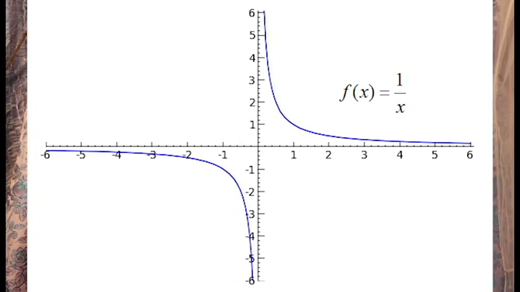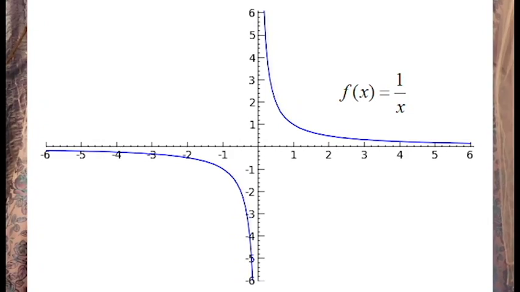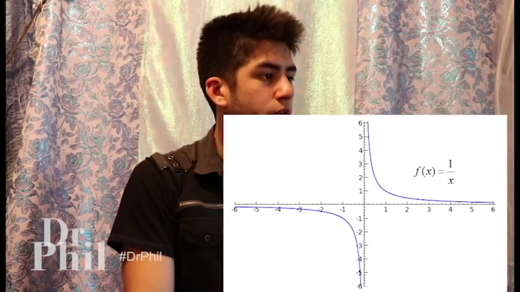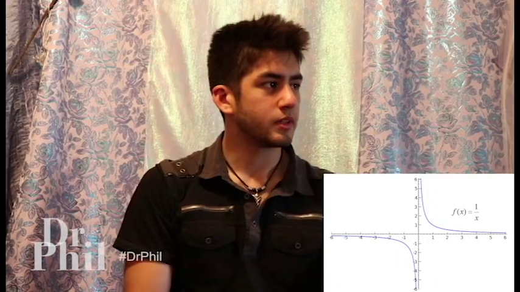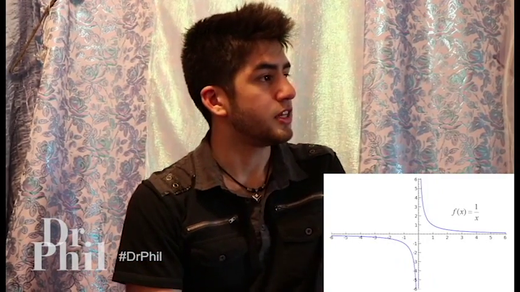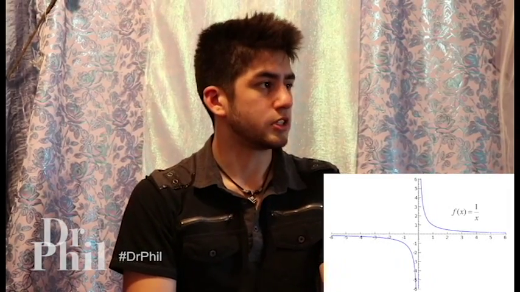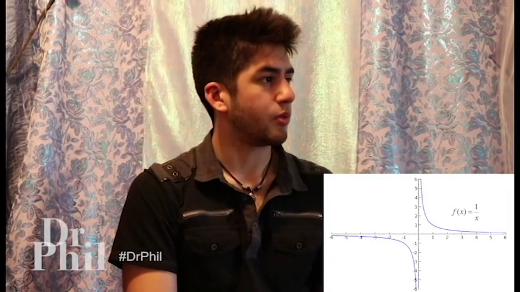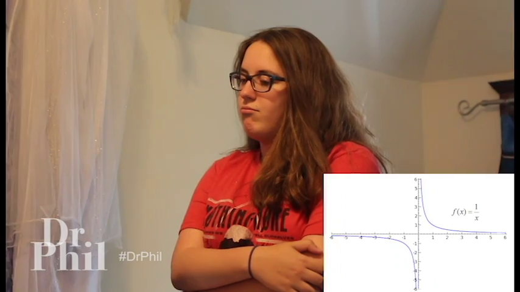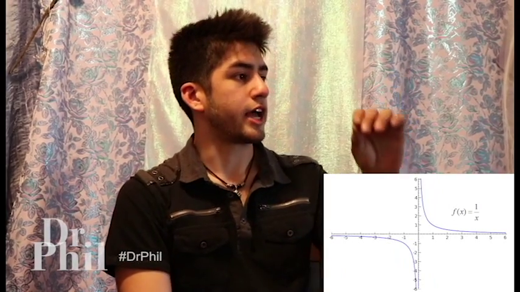Let's take, for example, the function 1 over x. You are familiar with this function? Alright, as all should be. Very good. The limit to infinity, as well as negative infinity, of that function. Can you tell me what that is? Well, it's 1 over x.